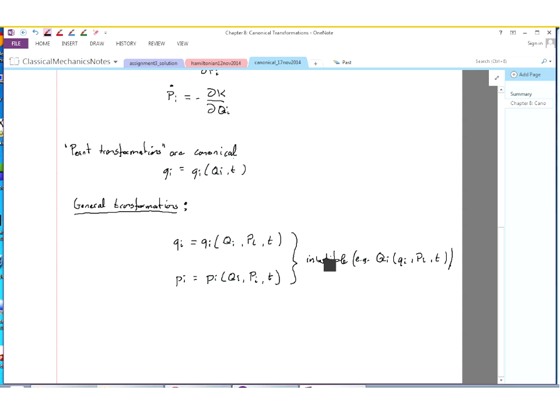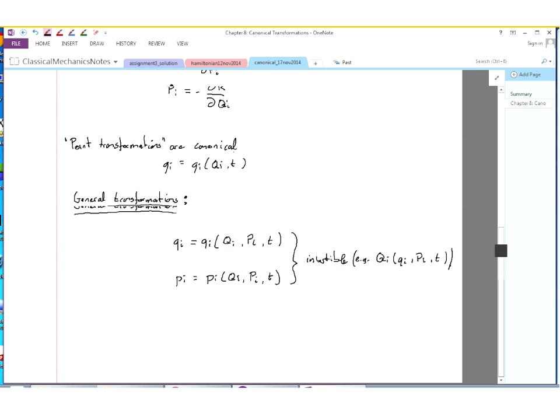So these are functions that you can invert, so you can go from one coordinate system to the other back and forth. Okay, that's the assumption.